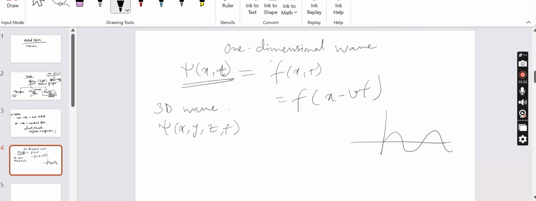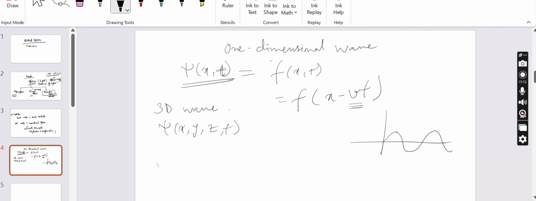So a propagating wave has some phase, and the phase moves with the velocity that is generally called the phase velocity.